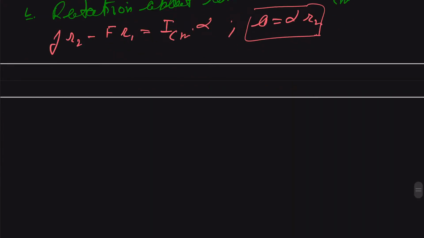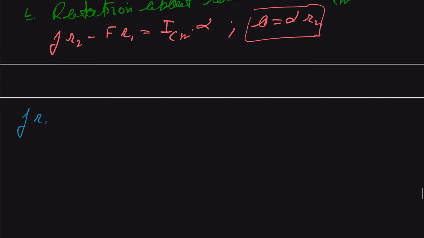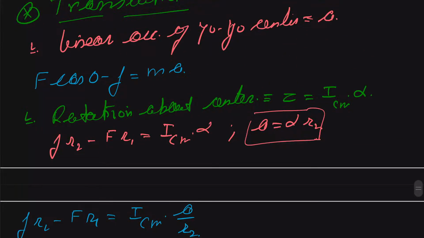Let me substitute the value of alpha first. So we get Fr2 minus Fr1 is equal to ICM times A upon R2. And now we can substitute the value of friction from here. So we get friction is equal to F cos of theta minus MA.